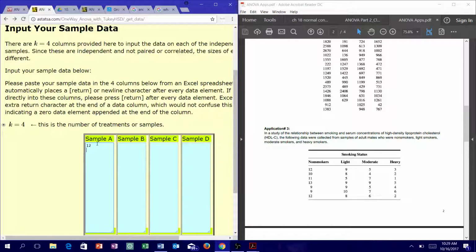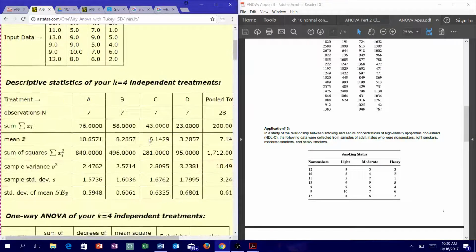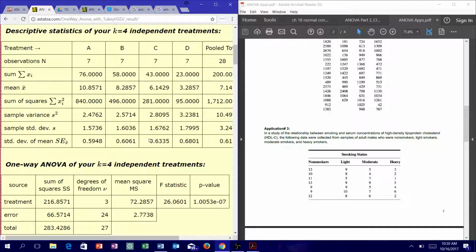A versus C and A versus D are the only two groups that are statistically significant. Okay, so we don't need a report. Nope. Oh, e to the negative 7?